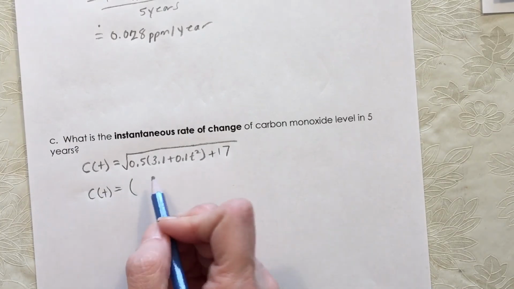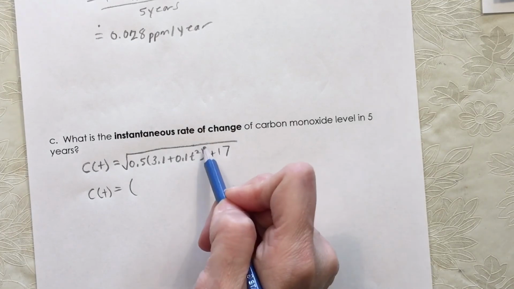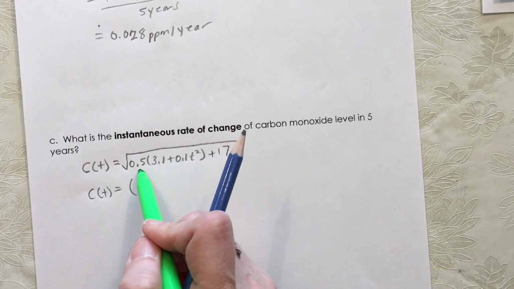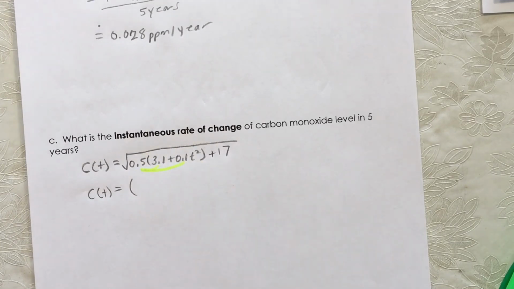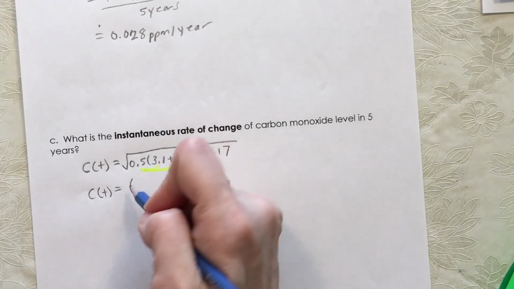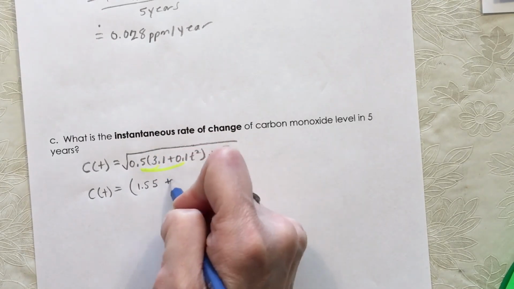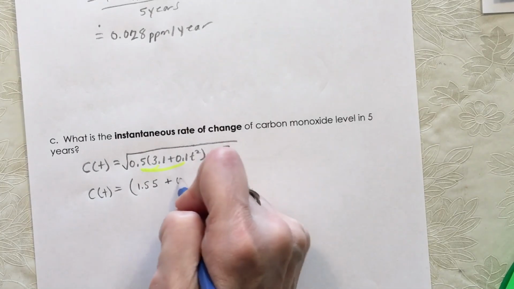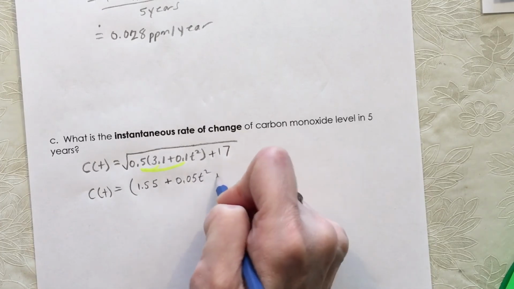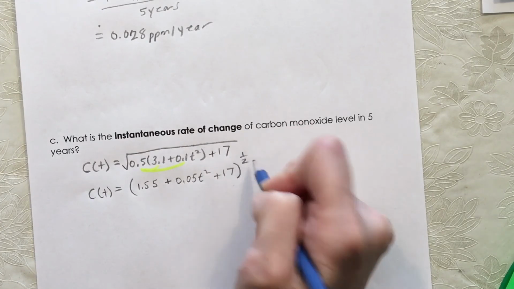But also, because there's no exponent on the outside here, I can distribute. So I can multiply the 0.5 by each thing inside there. So 0.5 times 3.1 is 1.55, plus 0.5 times 0.1 is 0.05 t squared, plus 17, and that's all to the half.